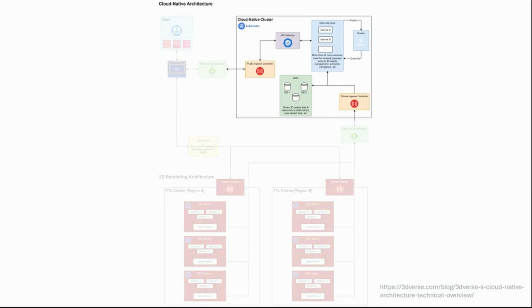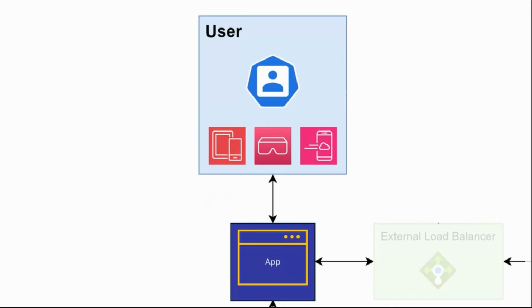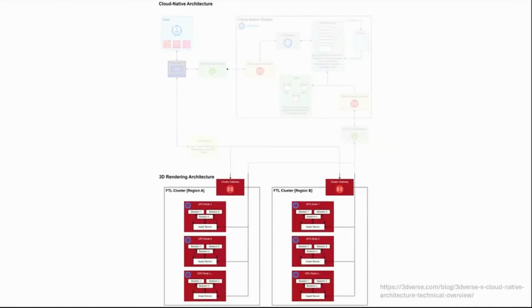On the top right corner, you have all that cloud native stuff: your Kubernetes, your microservices and whatnot, databases, etc. On the bottom part, you have your real-time 3D with the engine running on virtual machines and a hypervisor managing everything. And all the arrows, it's basically what the OS is. It's all the orchestrating and managing of the interaction between all those systems.